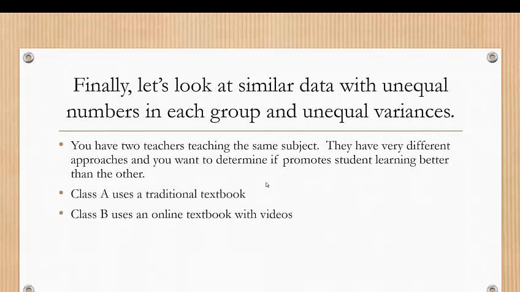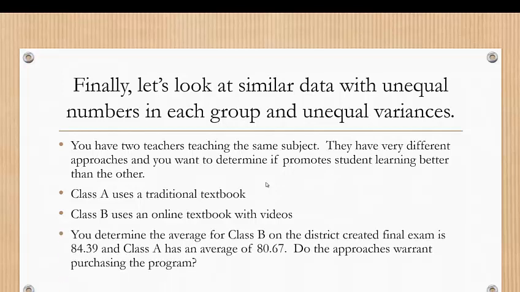So let's see what we have here. We have Class A that uses traditional textbooks, you can say lecture format kind of thing. And Class B uses online textbooks that incorporate videos and all kinds of fun things that go with them.